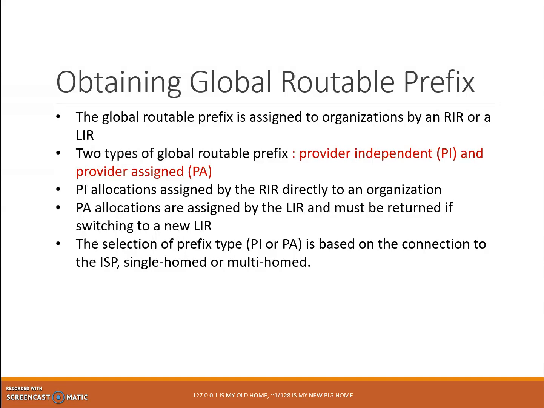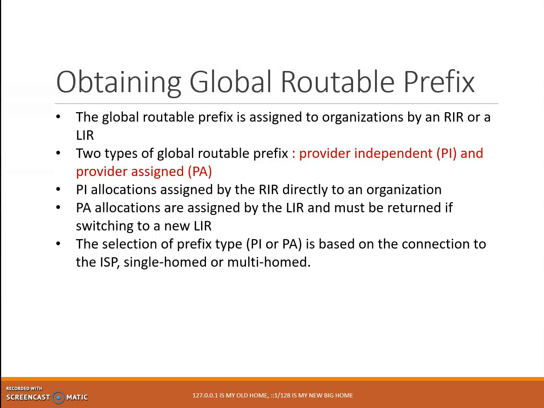So PI is obtained from the Regional Internet Registry directly, while PA is assigned by the ISP, LIR, and must be returned to them if switching to a new ISP. This actually requires network renumbering.